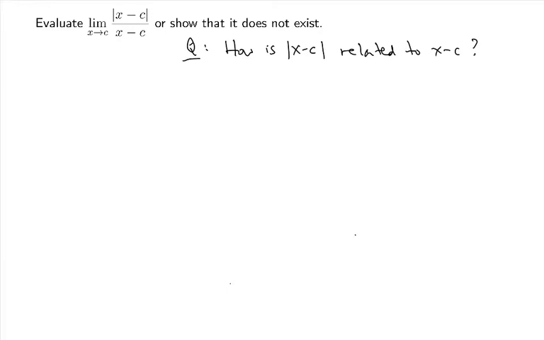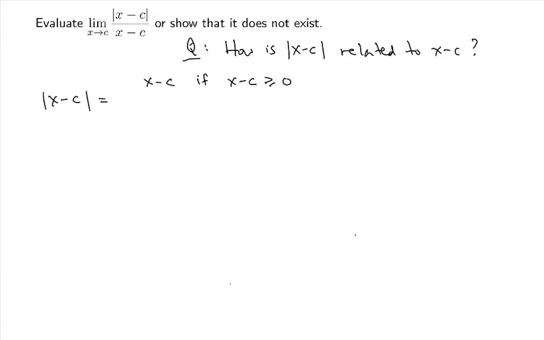Well, you know some things about absolute value, right? You know that absolute value makes things positive. What does that mean? If the thing you start with is positive and you take an absolute value, then the output isn't changed from the input. So sometimes it's equal to x minus c, and this is when x minus c is positive. Sometimes you take the absolute value and the sign changes.